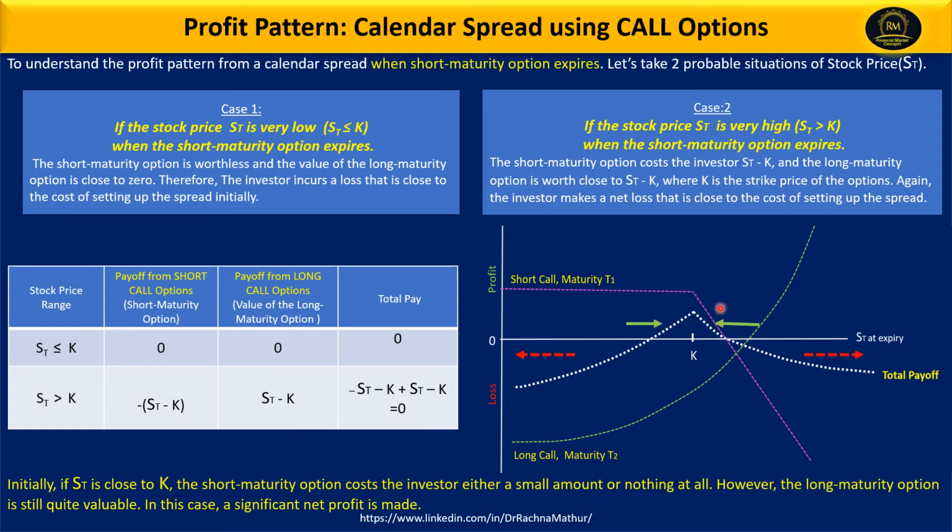This is the profit, which shows that when the stock price at the time of expiration is close to the strike, investors make a profit when the short maturity option expires. So this shows that strike price plays a very important role in deciding the profit in the calendar spread.